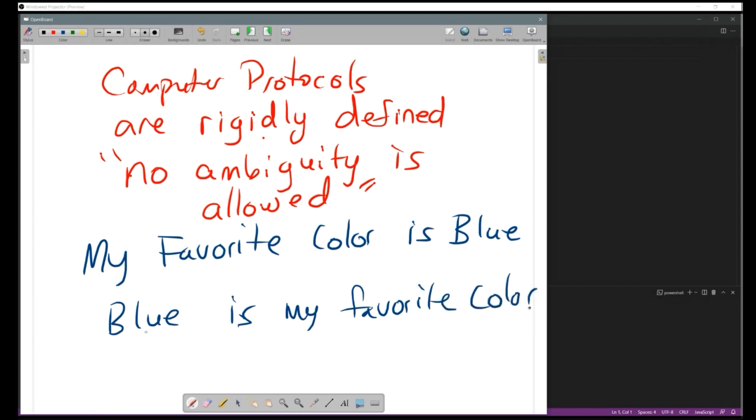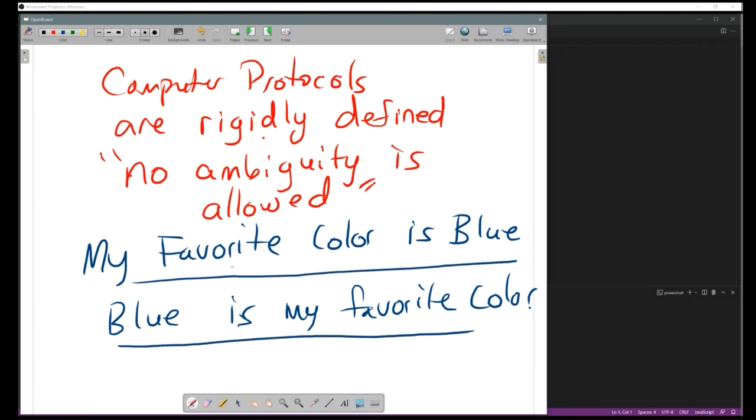In this case, we as people know that this is essentially the same sentence, but this would not be good as a computer protocol, because the rules themselves need to be strictly defined.